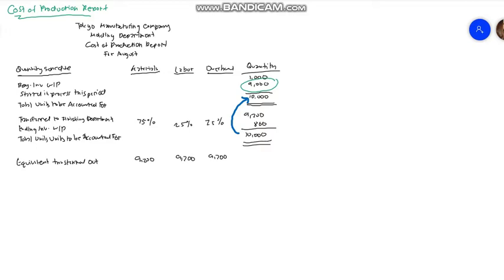So, equivalent units in ending inventory. So this is the ending inventory. So this is 75% multiplied by 800. So that's 600. 25% multiplied by 800. So that's 200, and same with overhead.